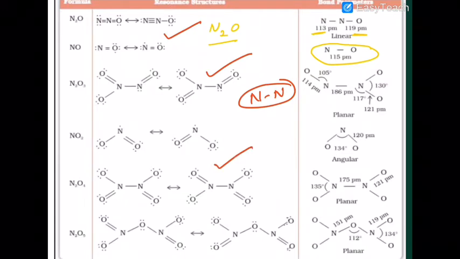I am repeating once more: N2O, N2O3 and N2O4. That is a very popular question. Or you can ask how many nitrogen nitrogen bonds are in N2O, or in N2O3. These questions are very important and can be asked as integer type questions.